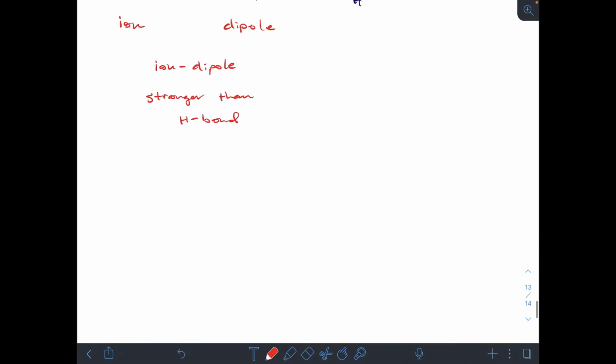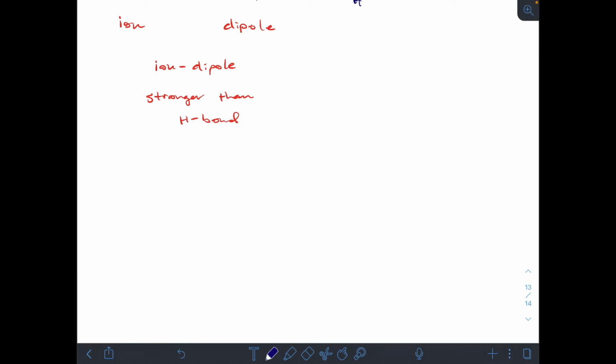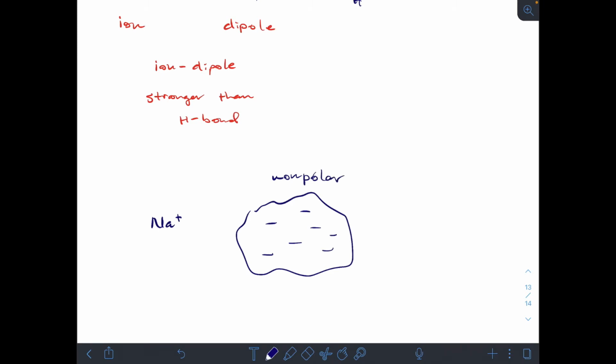Now, ions can also interact with electron clouds. If I have a sodium ion, for example, I'm going to keep using sodium because it's easy. And if I have an electron cloud full of negative charges, let's call this a nonpolar molecule, so it doesn't have a particular end that is positive or negative.